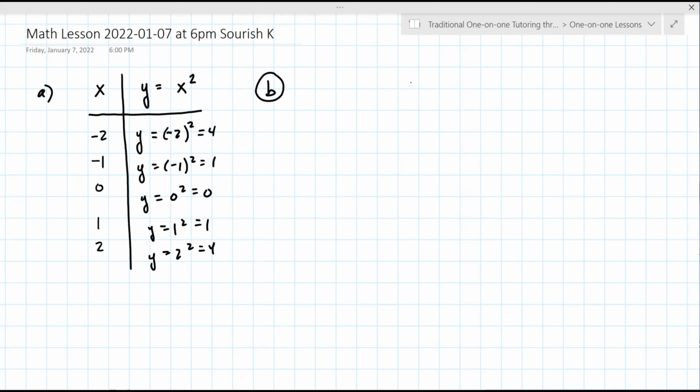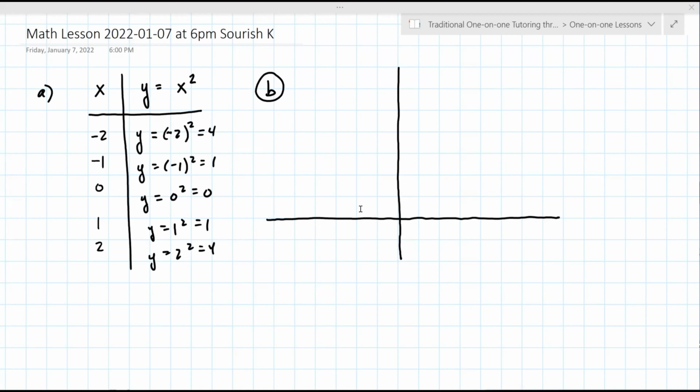Part B is the graph. So I'm just going to get that set up. Okay, so the graph here, each of these on the left here is an ordered pair.